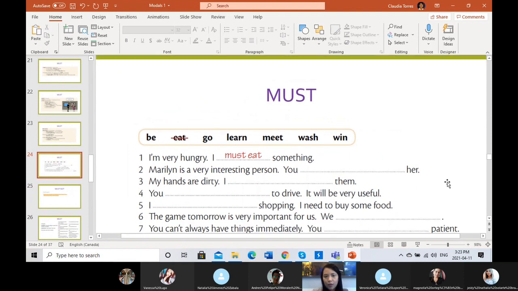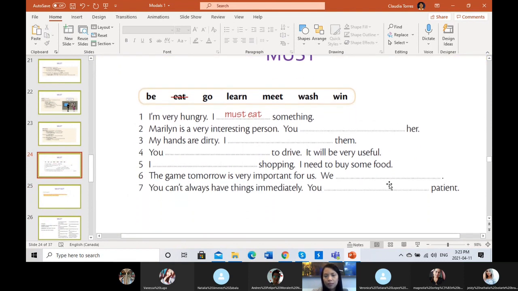Now here you have some exercises, right? So you have a box and inside you have some words like be, eat, go, learn, meet, wash, and win. If you have any questions about vocabulary, please let me know. In the first one, I'm very hungry.